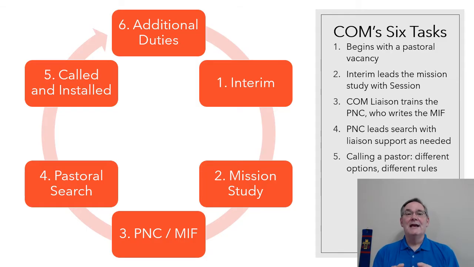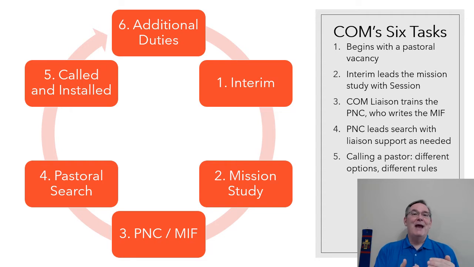We're going to be looking at 6 large categories of information today. It starts with the pastoral vacancy, which requires, in most situations, for the church to call in an interim pastor. And then the interim pastor leads the session and the congregation through a mission study, which eventuates in a pastor nominating committee being called, and the pastor nominating committee writes the ministry information form.